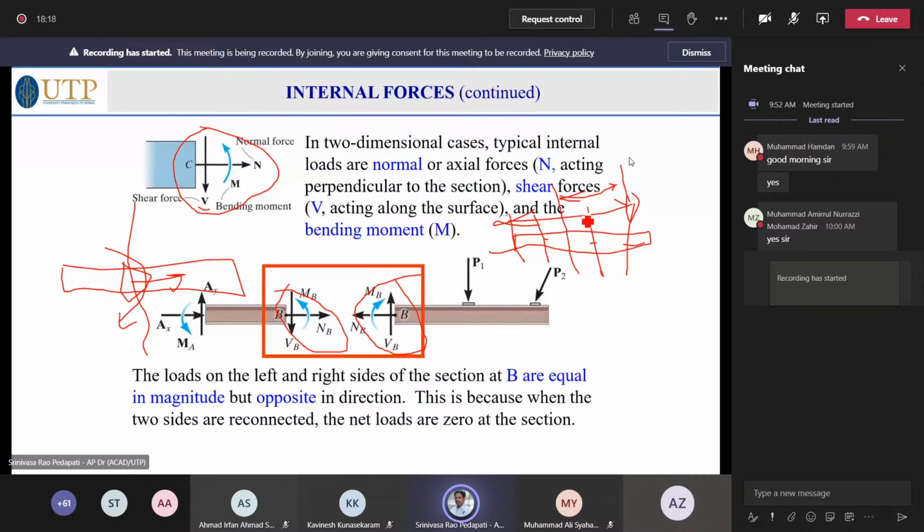To take care of the stresses, we provide more area to the beam wherever it is subjected to more bending moment. That is the reason. We will learn this point in design and solid mechanics. This is just an introductory part, I am just introducing the terms here.